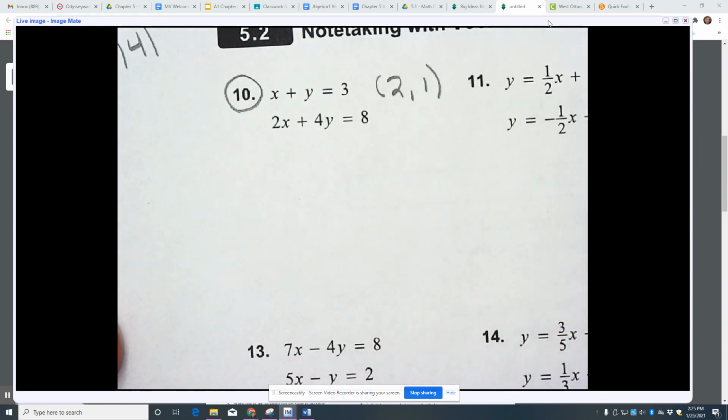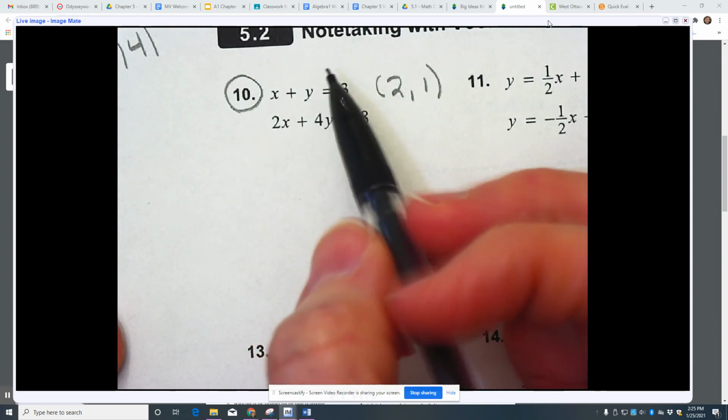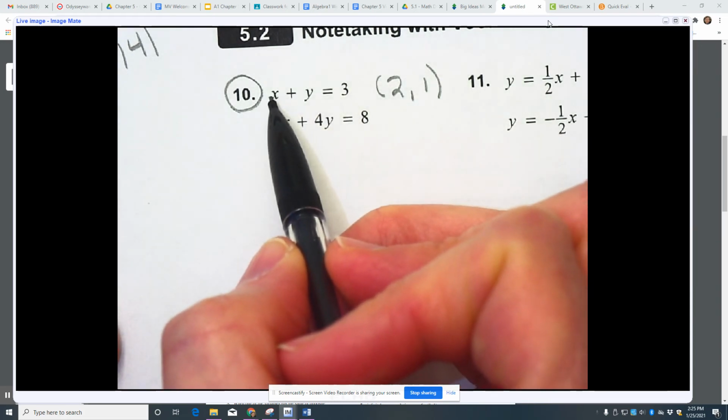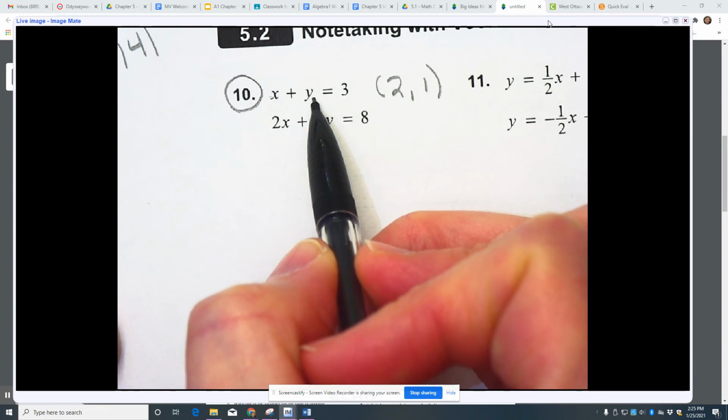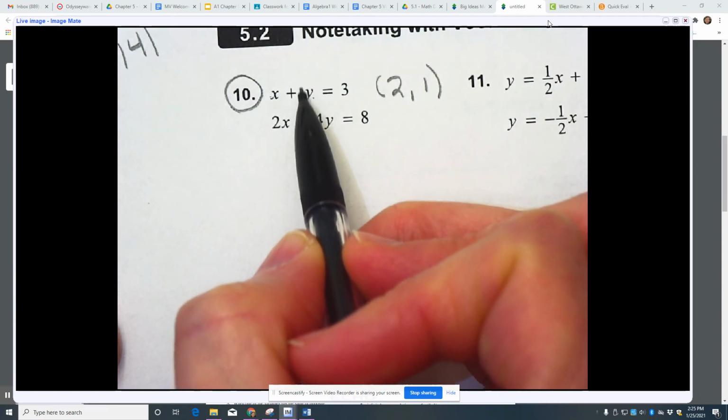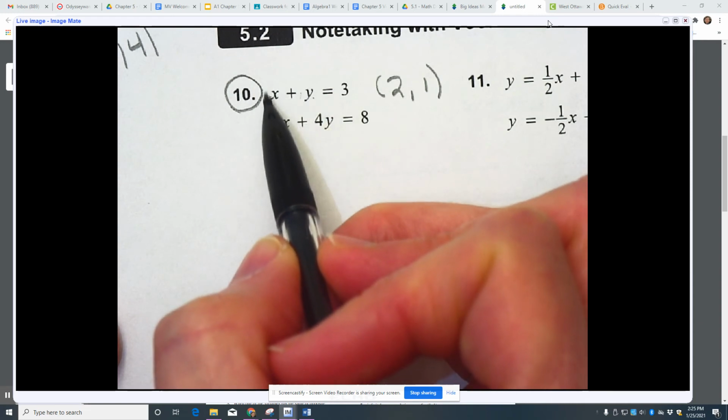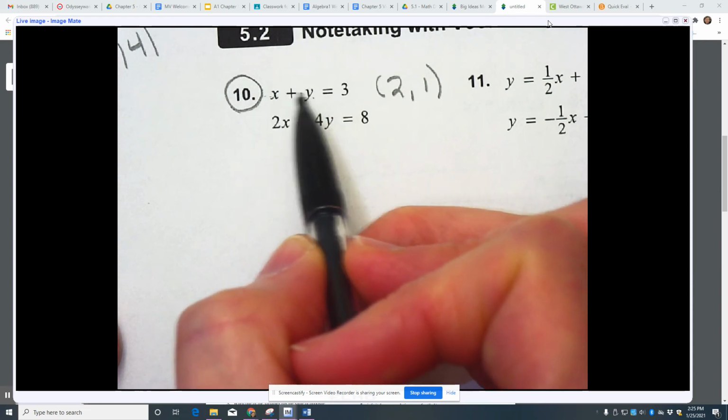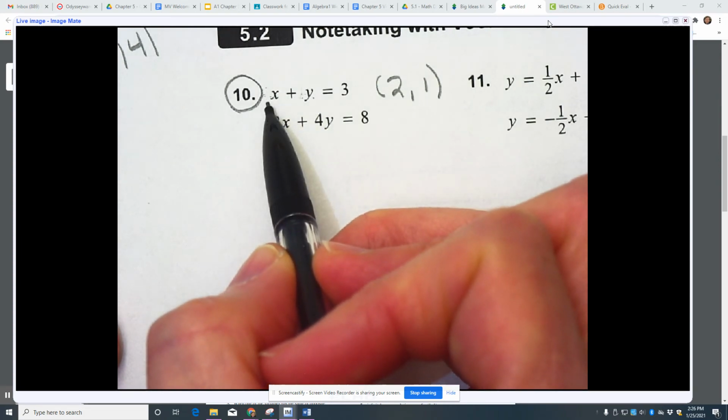And what I want you to look for is what I like to call the naked variable. So for example, x and y I call naked variables. And the reason I call them naked variables is because you can't see a coefficient in front of them. There is a coefficient in front of them. There's a 1 here and a 1 here.